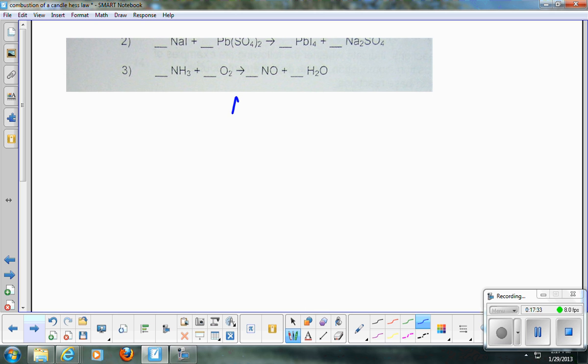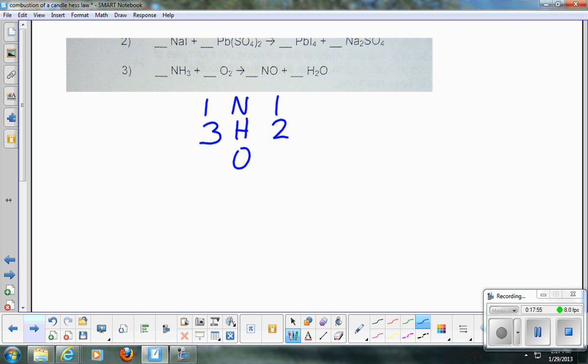So nitrogen, hydrogen, oxygen. Okay? So nitrogen, 1 on the left, 1 on the right. Hydrogen, 3 on the left, 2 on the right. I need an even number.